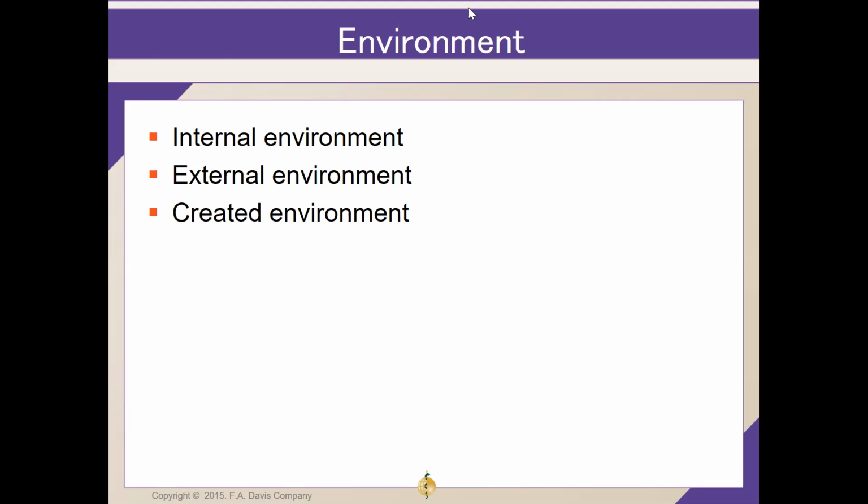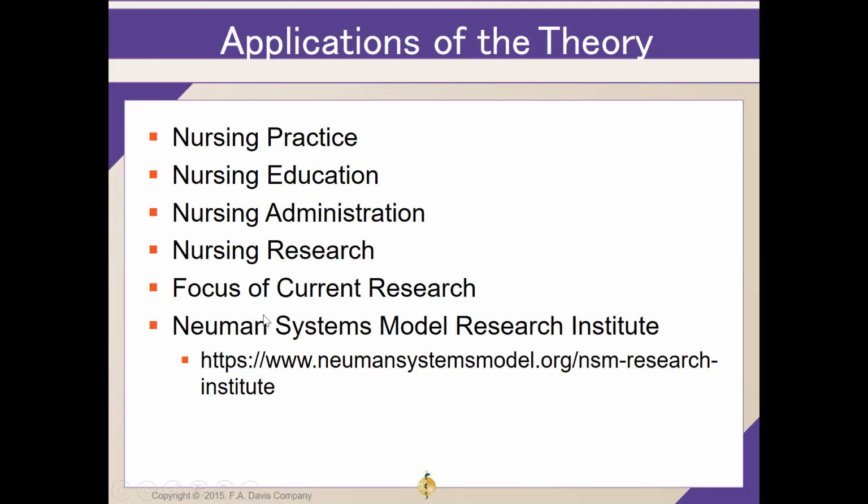And so this is a little more challenging to understand, because it can involve both internal and external. Sometimes the created environment includes denial, and other times it can include resilience. So that is that important metaparadigm of environment.